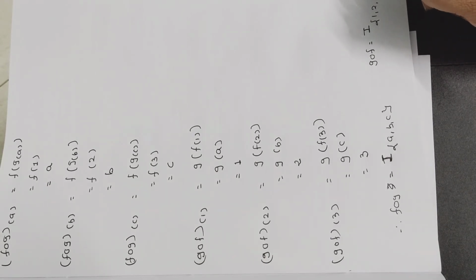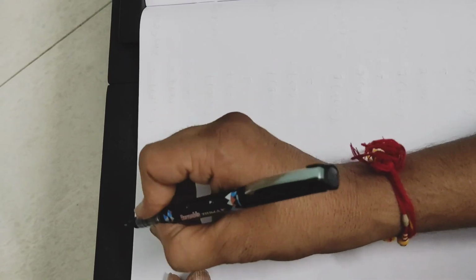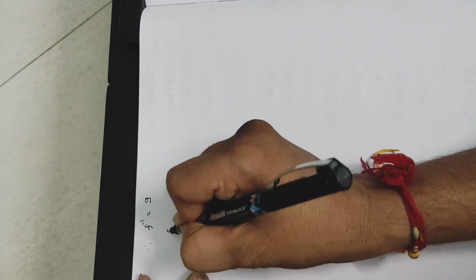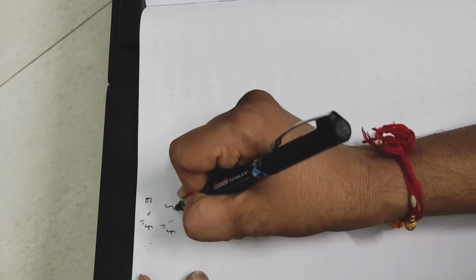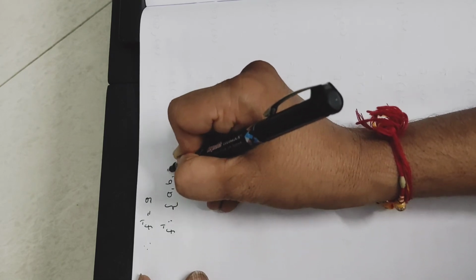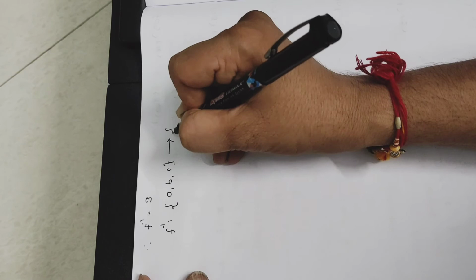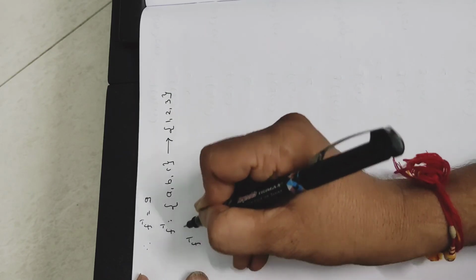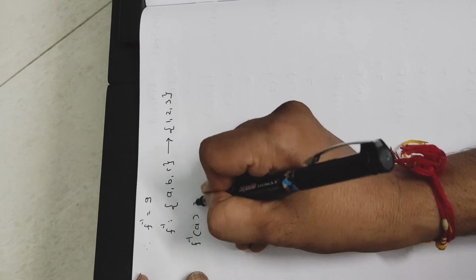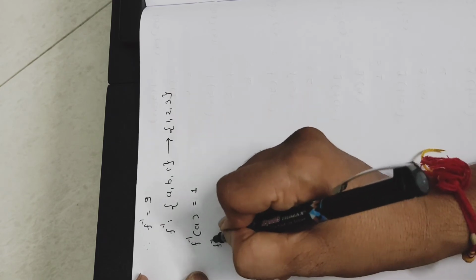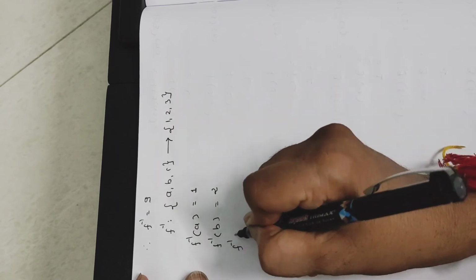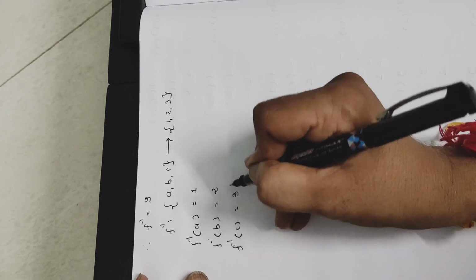Now f inverse is equal to g, that also I have to show. So f inverse is defined from {A, B, C} to {1, 2, 3}, which means f inverse, that is g: f inverse of A is equal to 1, f inverse of B is equal to 2, and f inverse of C is equal to 3.